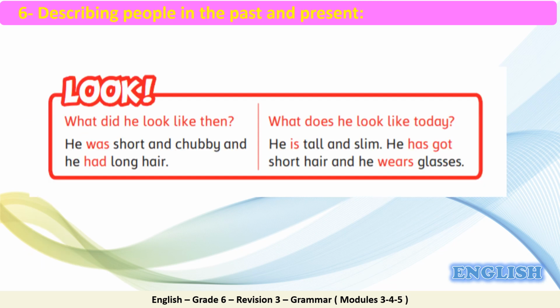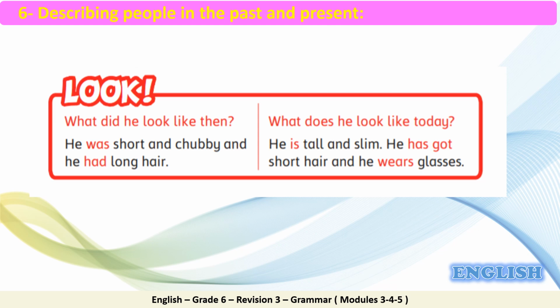Our grammar point number 6 is describing people in the past and present. Let's have a look at this look box. We have, what did he look like then? And the answer is, he was short and chubby and he had long hair. Here the question is in the past and the answer is also in the past.